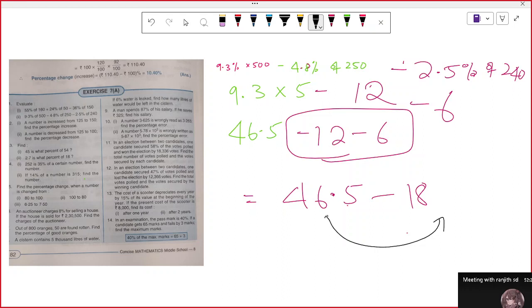From 46, if you subtract something, the value should reduce, right? How can it go to 48 or 64?